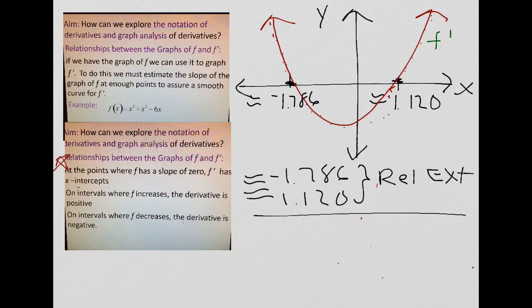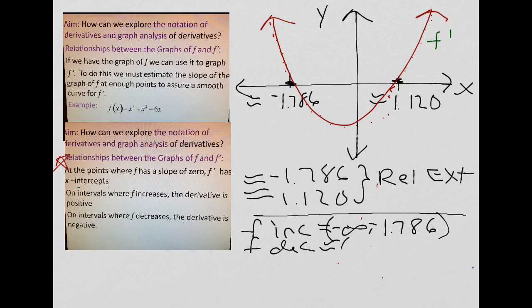And before the negative 1.786, since our y values are positive, that means that our function was increasing prior to that point. Our function was decreasing because it was below the x-axis between our negative 1.786 to 1.120.